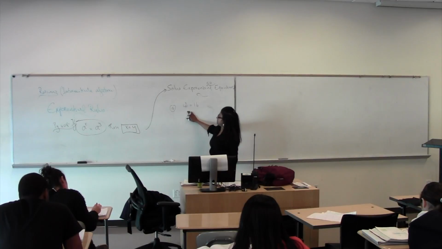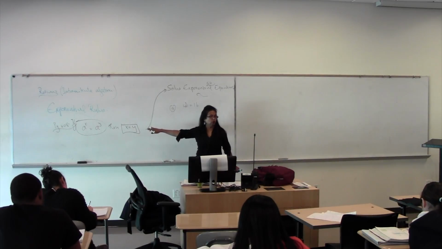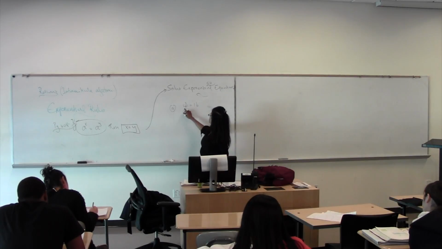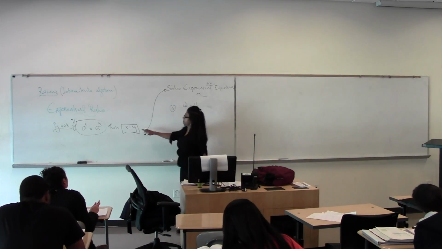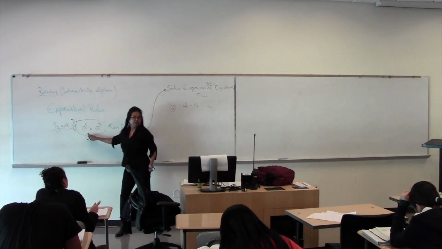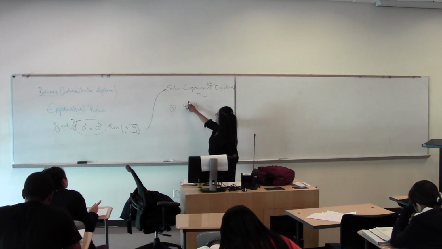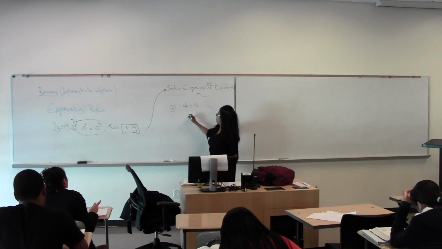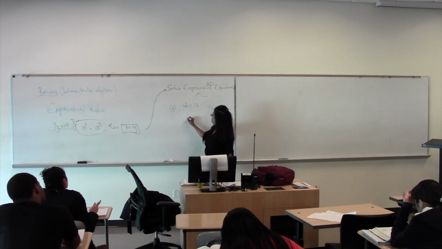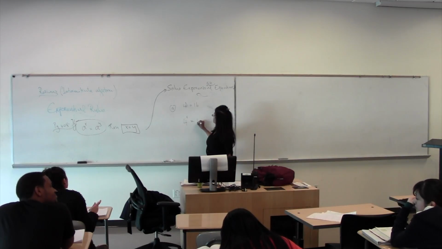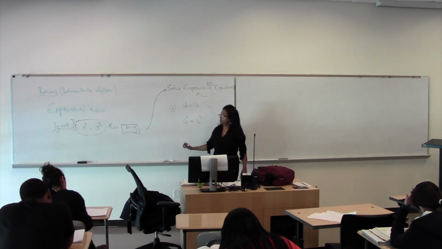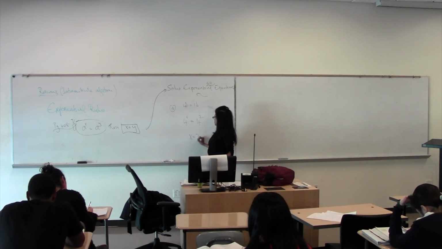If we can convert this to look like the rule, then we know how to solve it. So the bases are the same. If the base is the same, we can say x equals the power. How do you convert 16 into 4 to the power something? 4 squared. So now all you have to do is use the rule. So x is equal to 2, that's it.